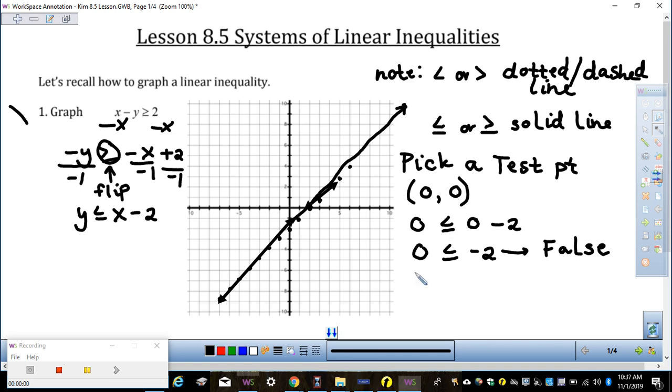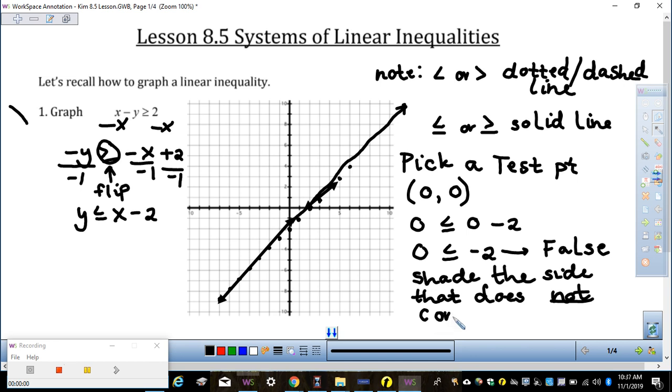So what that means for us, if it's a false statement, we want to shade the side of the line away from that point. So in the area that does not contain 0, 0. So in this case, that's going to be everything below the line.